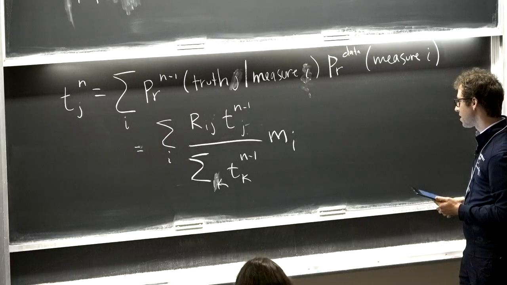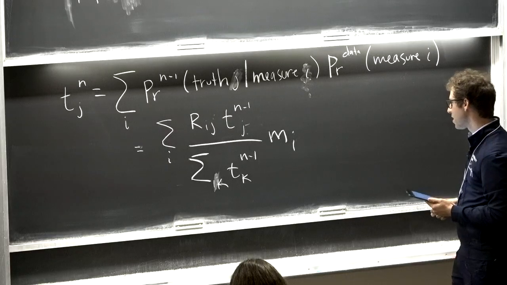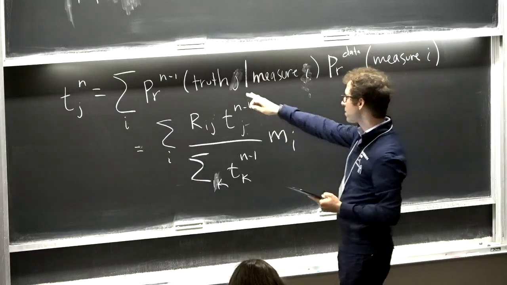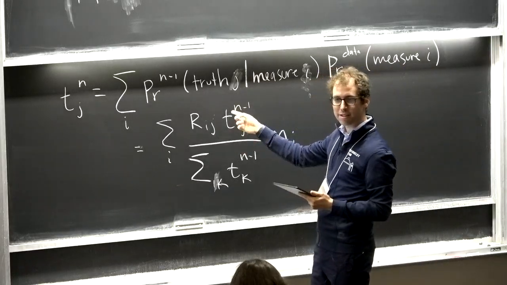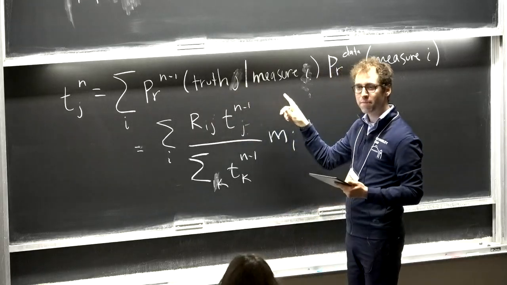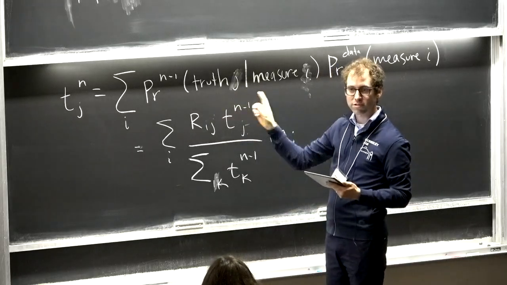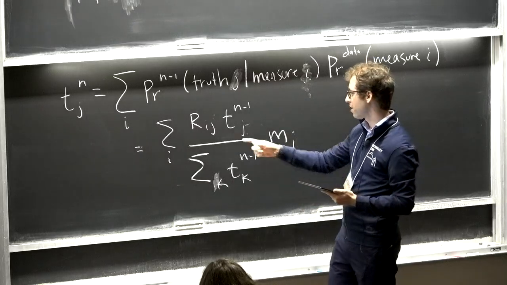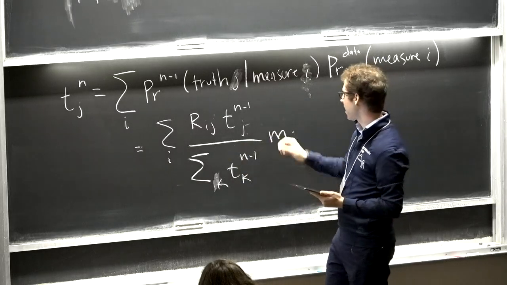Maybe it's RJI because we merged it through J measure I. Well, I skipped some steps between here and here to use Bayes' theorem, because I have to go the other way. So this is truth given measured, but the thing that's universal is measured given true. That's the response, right? And so that's why I'm rewriting it in this way. Okay, that's good.